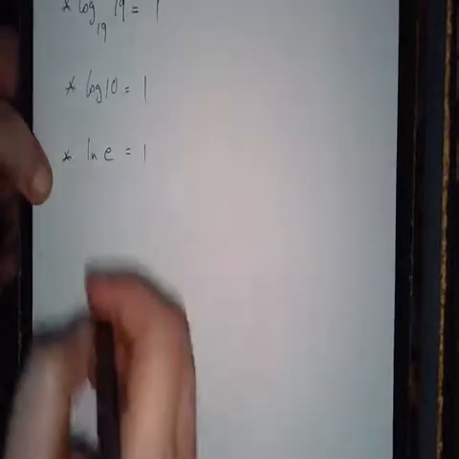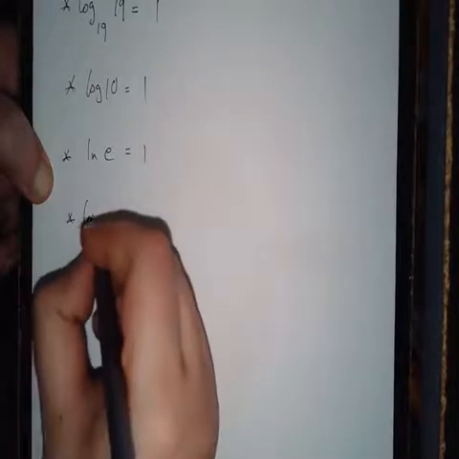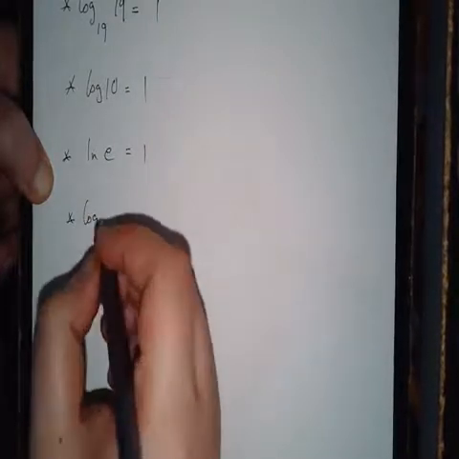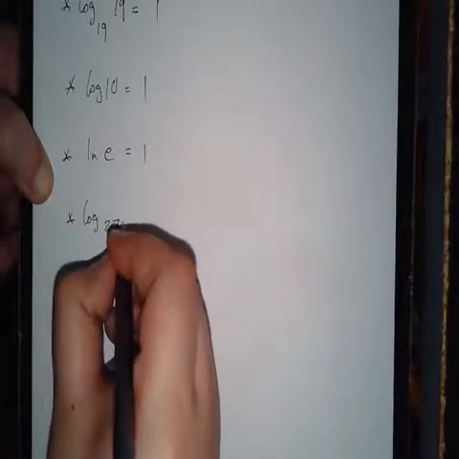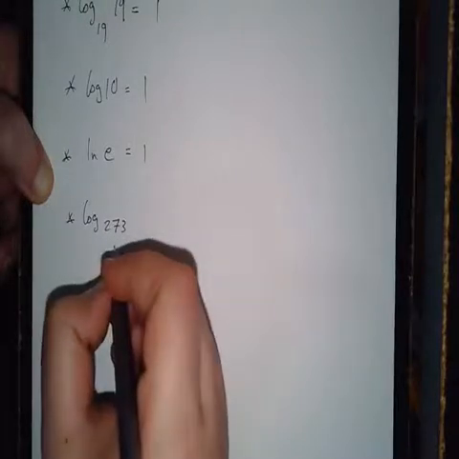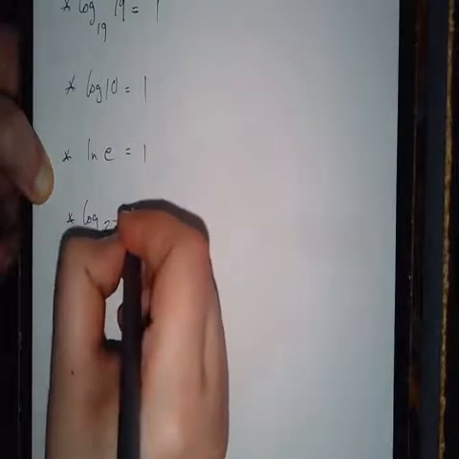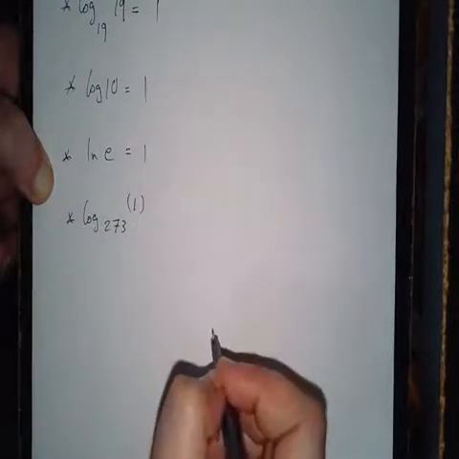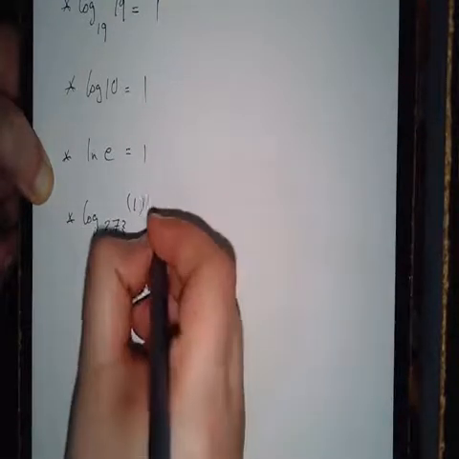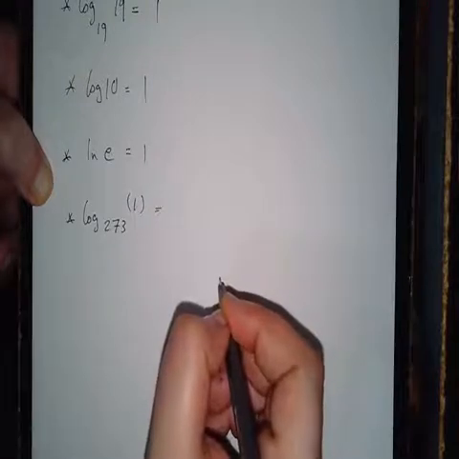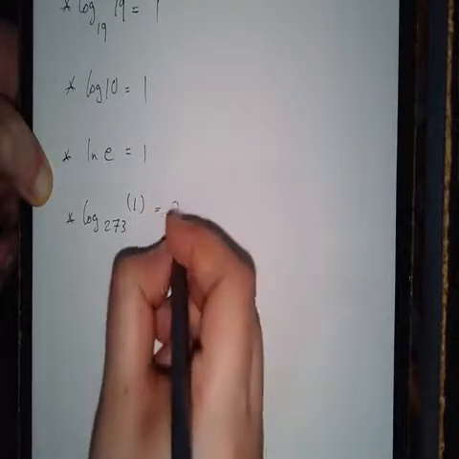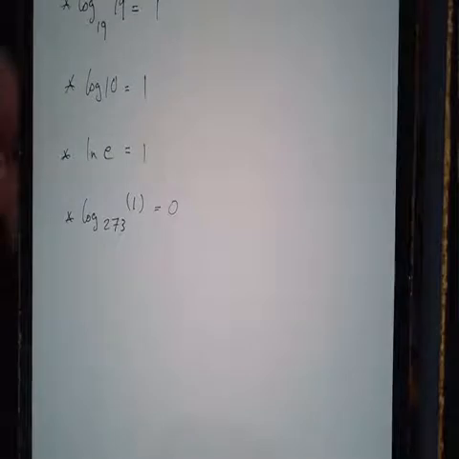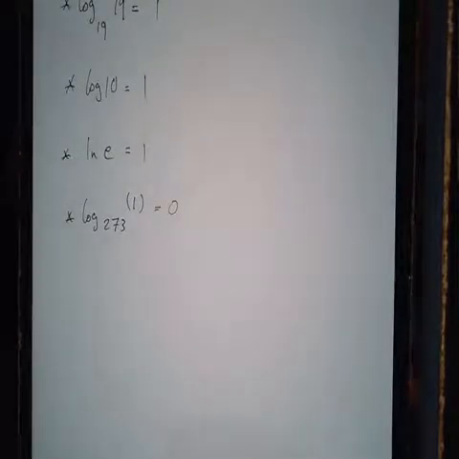Okay? How about this? Log base 273 of 1. This is your base, 273. Now what's inside the log is 1. Equals what? 0. Log of 1 always equals 0 no matter what your base is.